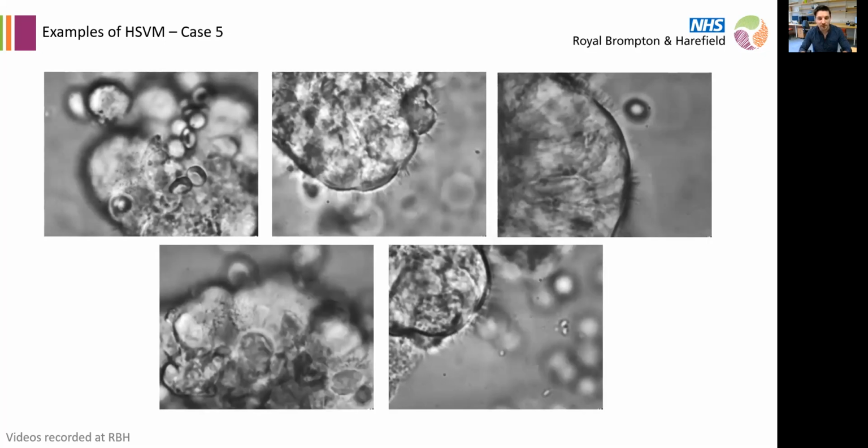Okay, next video, slightly tricky. So it's moving around here. I don't know if you can see, it's slightly moving around here and it's pretty slow. So obviously this is not normal.